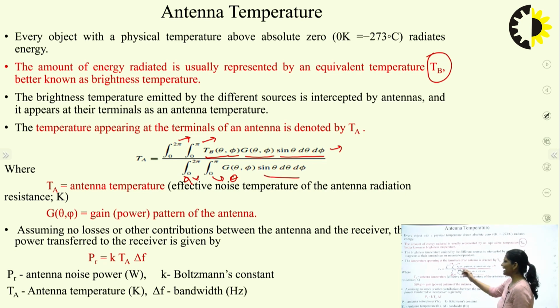So TA is the antenna temperature, or the effective noise temperature of the antenna, and G is the gain pattern of the antenna.